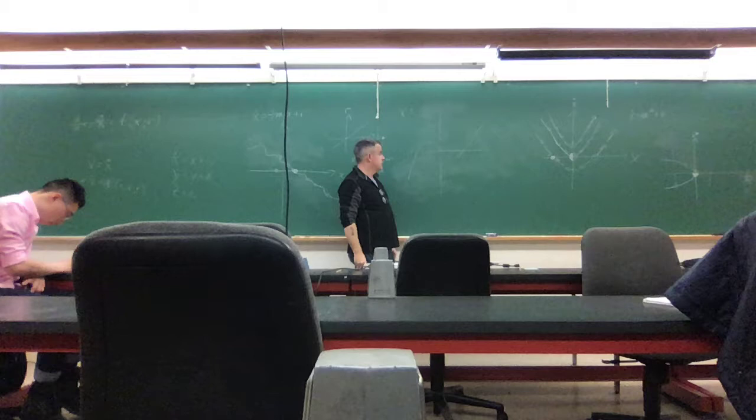So what does my bifurcation diagram look like? What have I got for large positive B's? That's this one. I've got one unstable steady state.